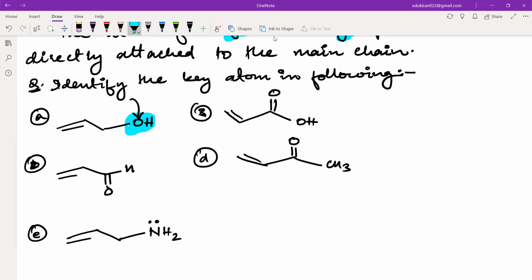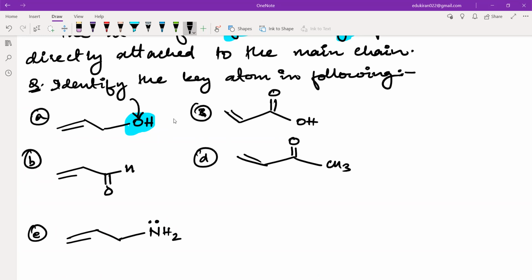What about this structure, B? What is the functional group? Mariam, speak loudly. O and OH. What is the functional group? We taught OH in the functional group list.